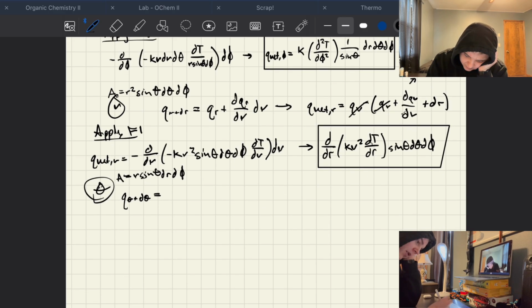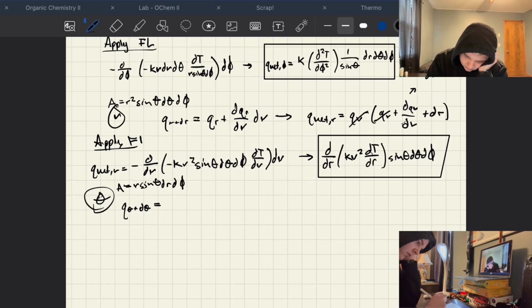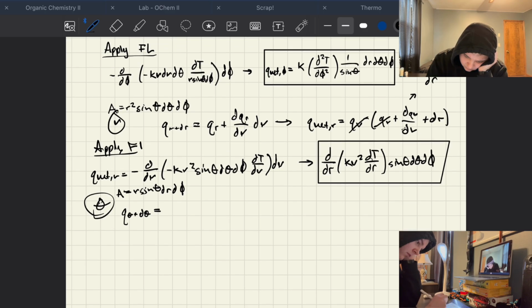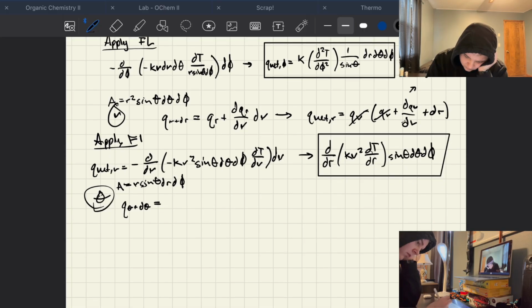So linear interpolation: we get q theta plus dq theta over d theta times d theta.